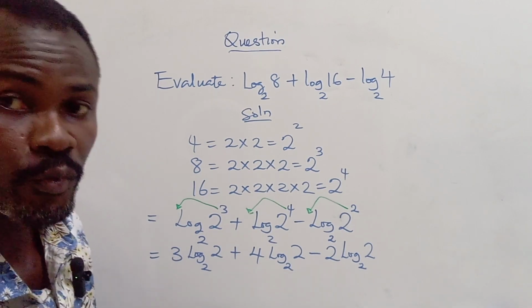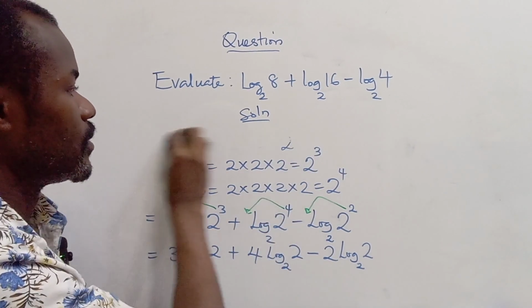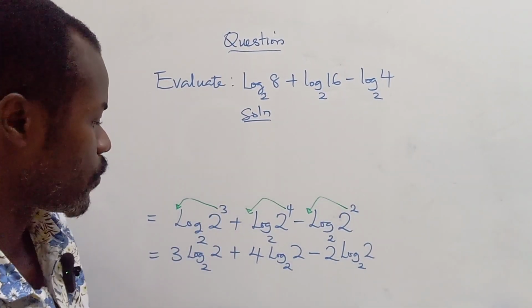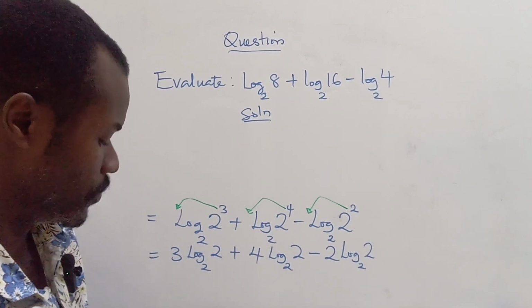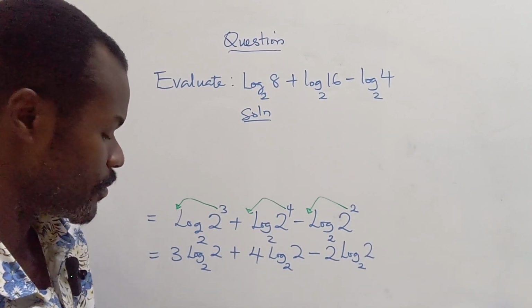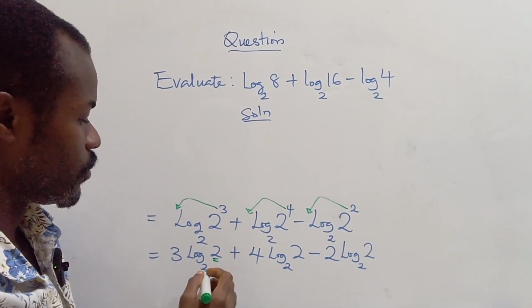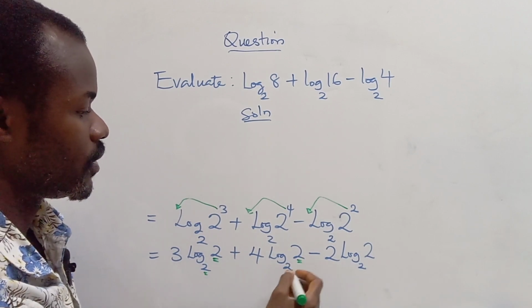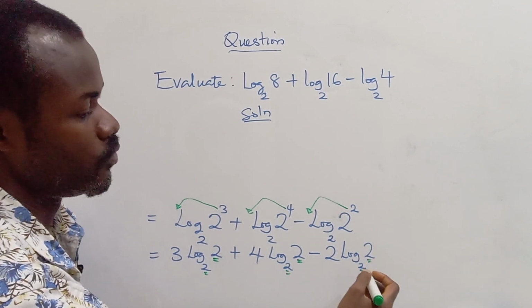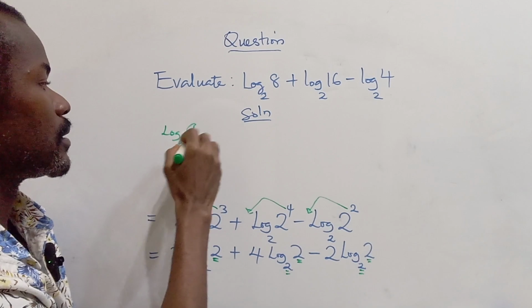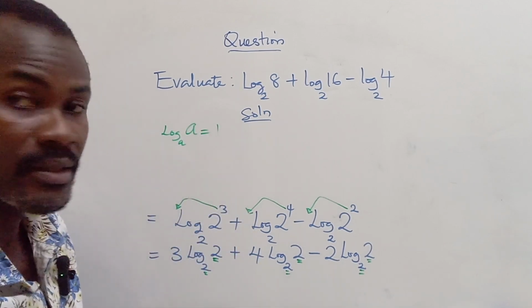So from these, we can now simplify further. Yes, what law can we also recognize? Now we have the same number, the same base. If you look at this, we have 2 here, 2 here, 2 here. So remember, if you have log a base a, it means 1, right?